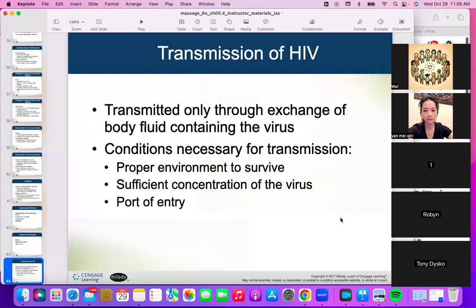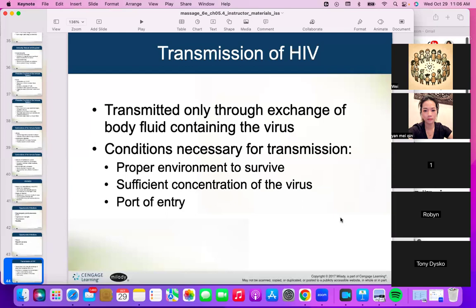Okay, transmission of HIV is only through exchange of body fluid containing the virus, and conditions are necessary for transmission. So a proper environment is needed for survival. The virus is found in the blood, in the semen, vaginal fluid, mother's milk, like that. And it has not been found in tears or sweat or saliva.